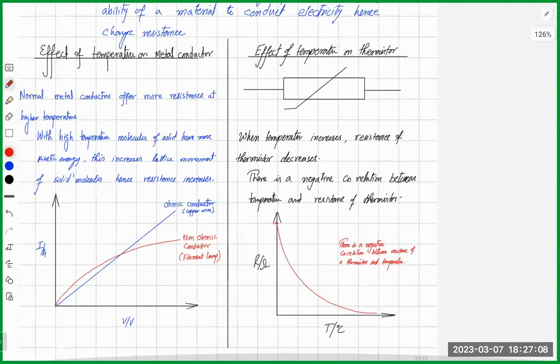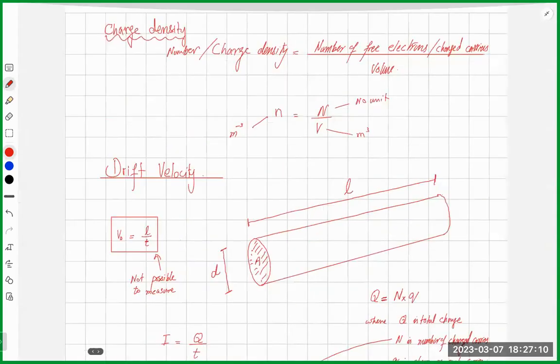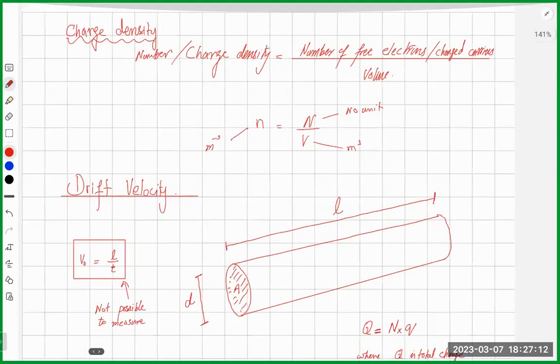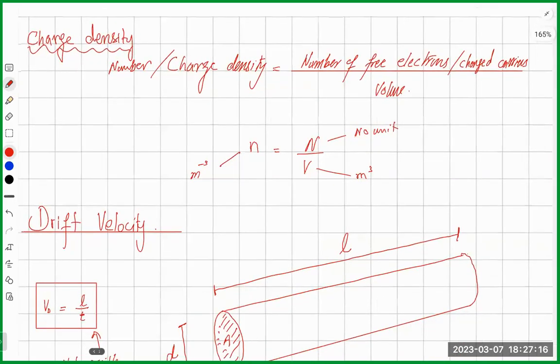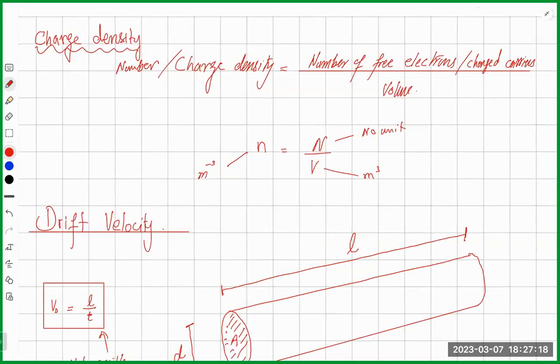Now, we have already discussed charge density, but I need this fresh in your head again. Charge density is number of free electrons or charge carriers per unit volume.